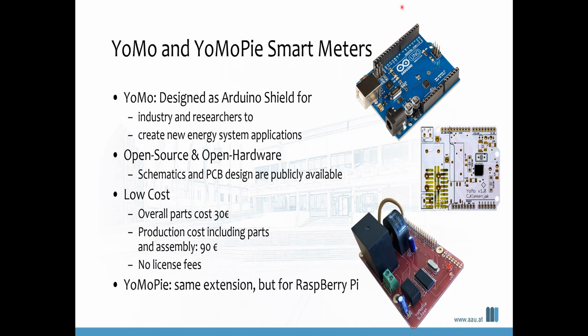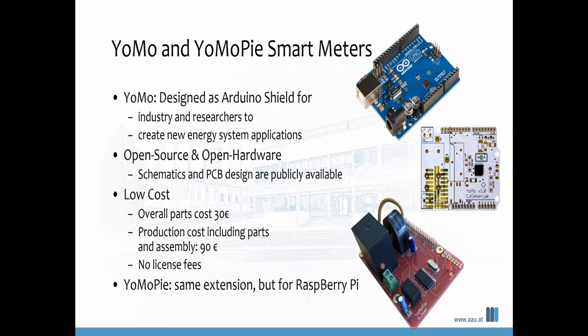So what you see here is an Arduino standard thing, and here are two examples of our measurement add-ons or measurement shields that are measuring current and voltage and therefore also the power of systems.